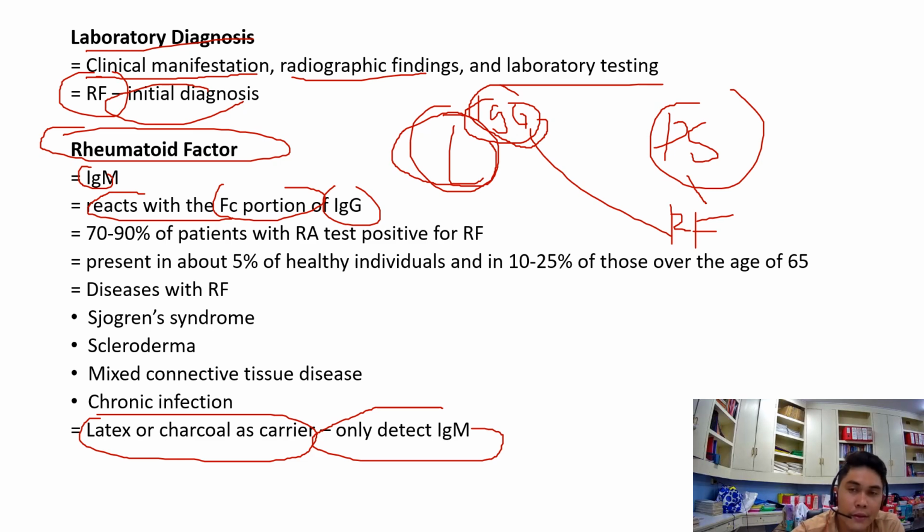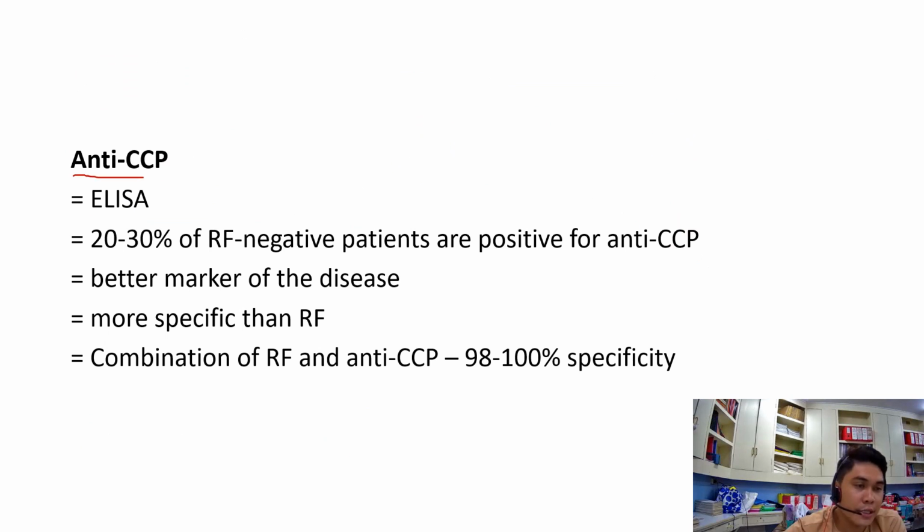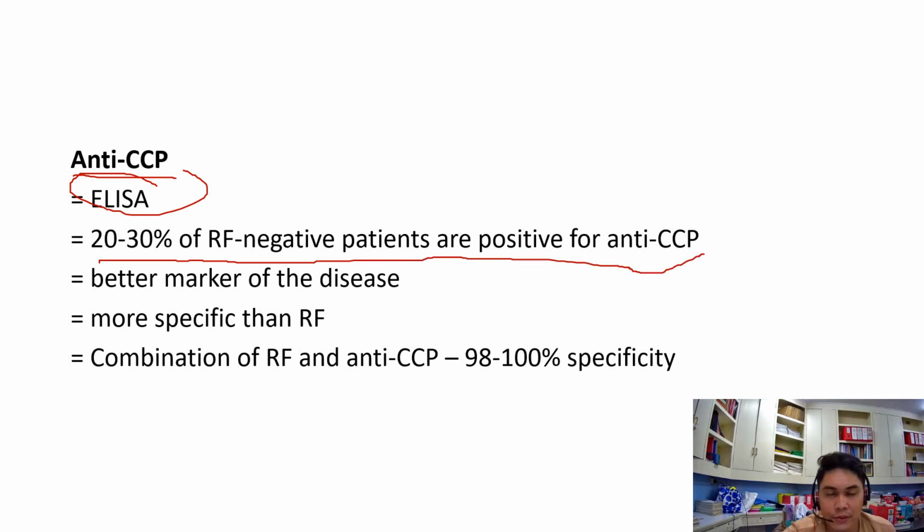Okay. Next, anti-CCP. So for anti-CCP, this is your anti-cyclic citrullinated protein. It's usually detected or measured using ELISA, and 20 to 30% of RF-negative patients are positive for anti-CCP. So there are patients with RA that will have a negative RF result.